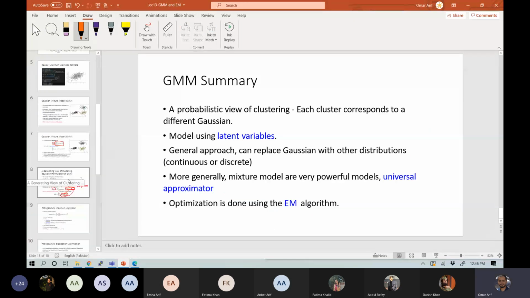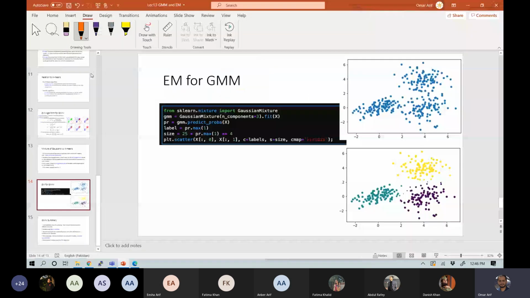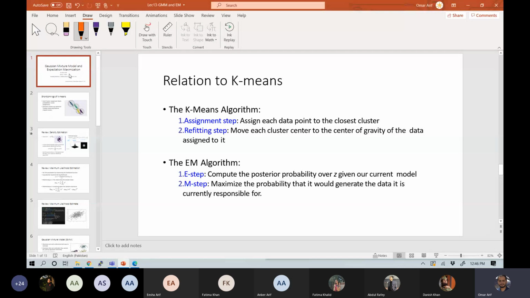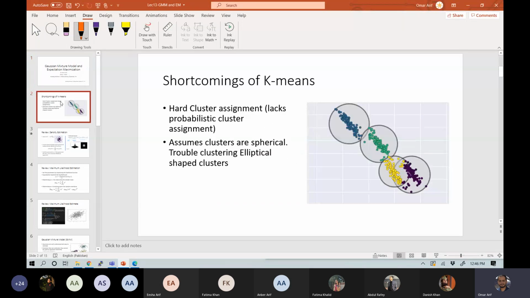To summarize what we did today, we looked at shortcomings of k-means algorithm जो हमने इससे पिछले टॉपिक में पढ़ा था कि वो क्लस्टरिंग एल्गोरिथम था, एक अनसुपरवाइज्ड एल्गोरिथम.